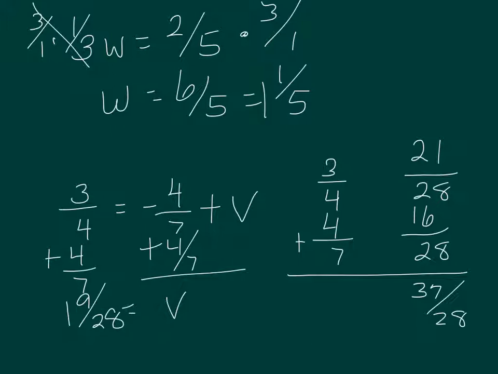So v equals 1 9/28. In this case, we can't reduce any further. There are no common factors of 9 and 28. But keep in mind, you need to reduce as far as possible.